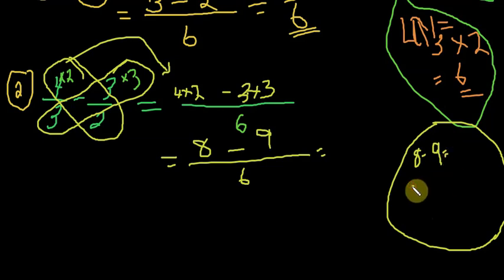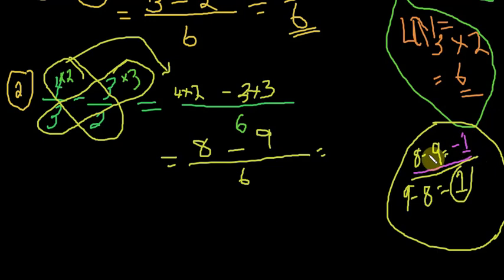What you do is you say 9 minus 8 equals 1, but because we are subtracting the big number from the small number, 8 minus 9 gives us negative 1.